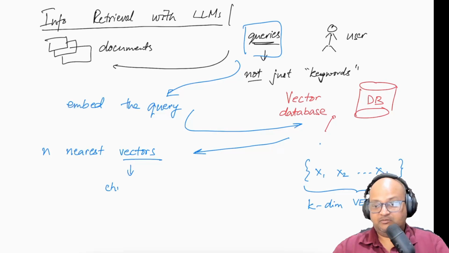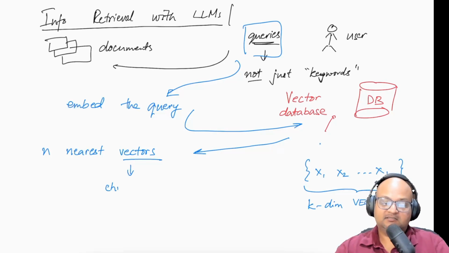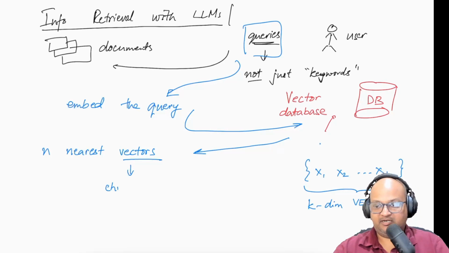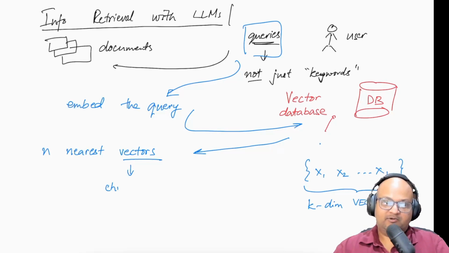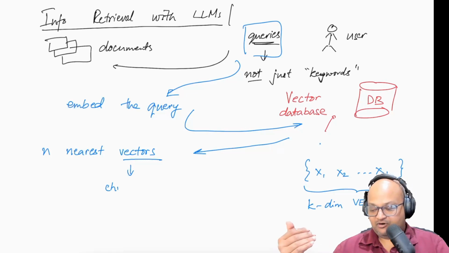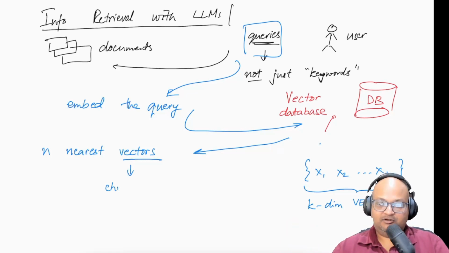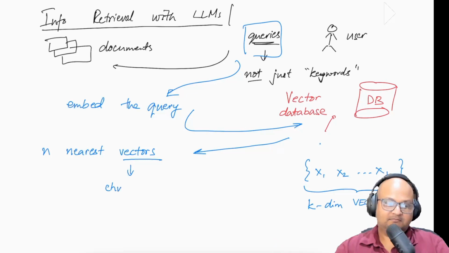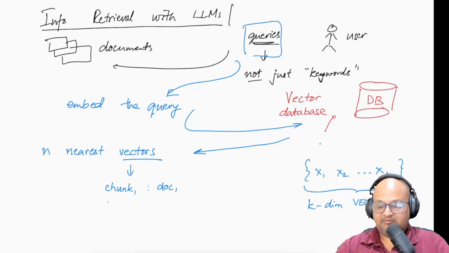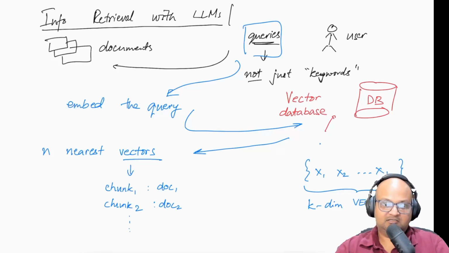One of the cool properties of vector spaces is that there's a well-defined notion of a distance between any two vectors. So we take our query, convert it into a vector as well, and look up the database for the closest vectors to our query vector. What that gives us back is similar to what we saw in the indexing case: a list of the original chunks into which we had broken up our document, and the documents in which those chunks occurred.